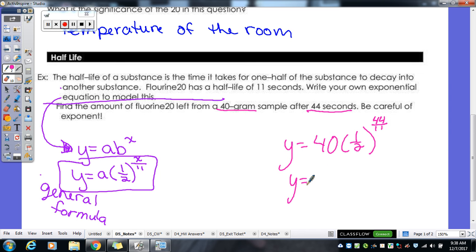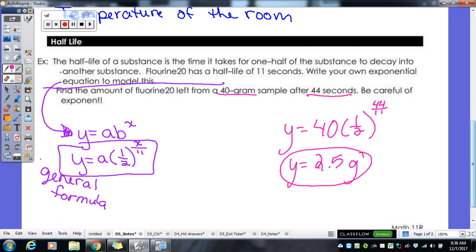What do we get? Oh, so 2.5. 2.5 grams is how much would be left. Good old half-life.